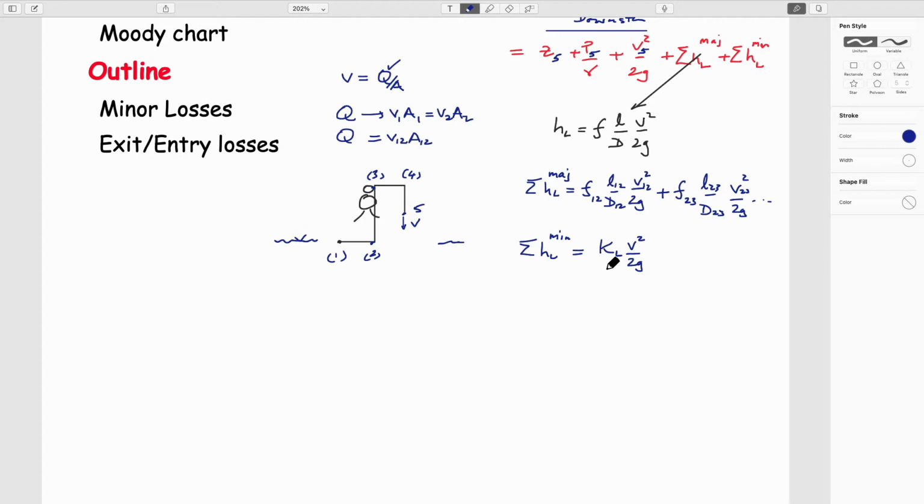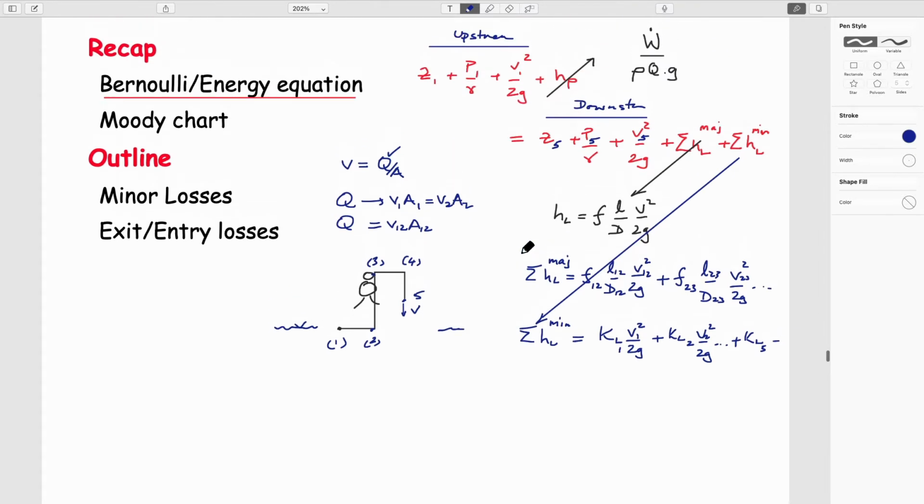And so this would be K_L at joint 1, V1 squared over 2g, plus K_L at joint number 2, V2 squared over 2g, etc. The final one would be 5, etc. And so you just end up cumulatively adding these. I don't really want to overprint it, but that would be this one here.